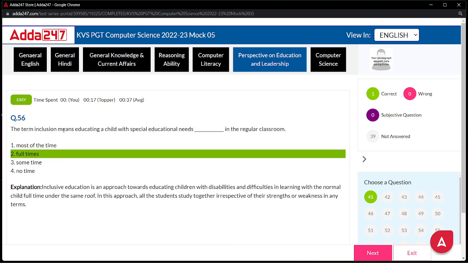Next question, the term inclusive means educating a child with special education needs full time in a regular class. So inclusive education means that you have to include children with disabilities with normal children, full time in the same room.